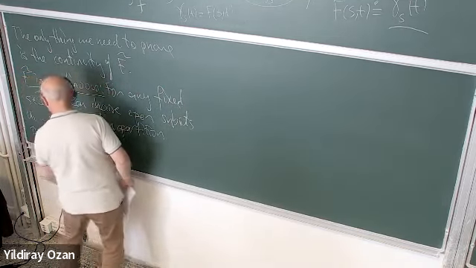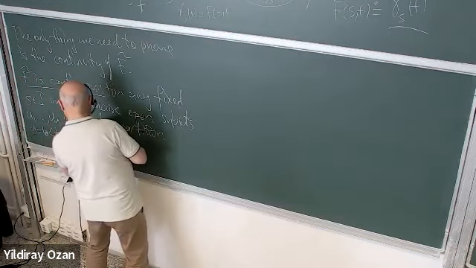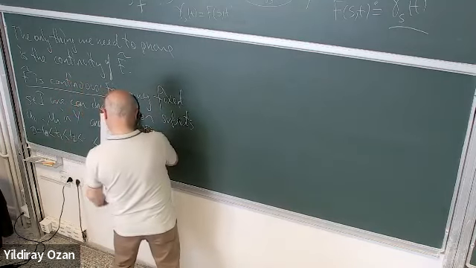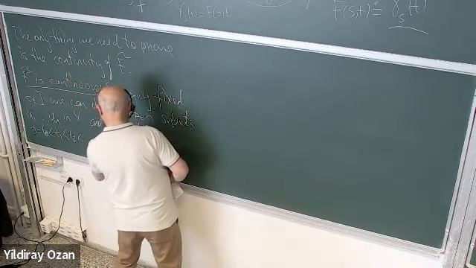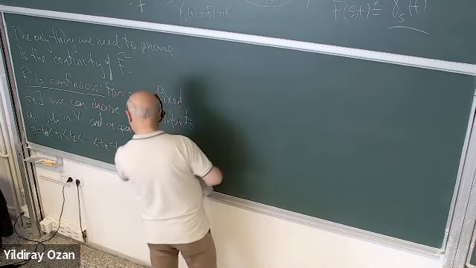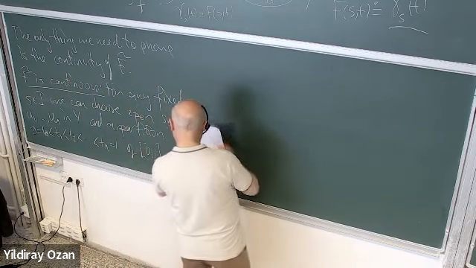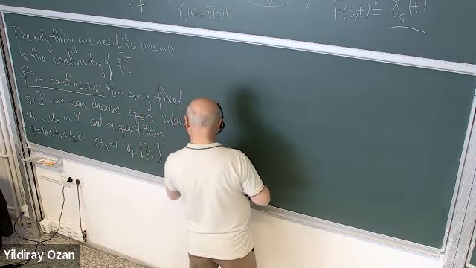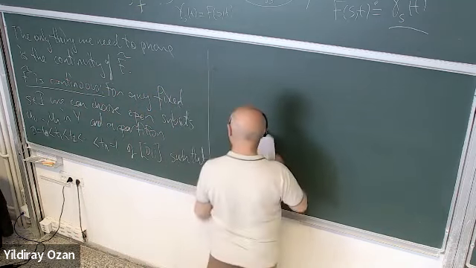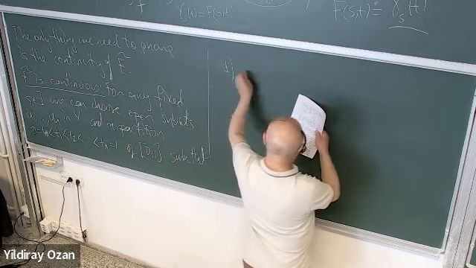So t0 is 0, and then I have t1, t2 up to tn, of this interval [0, 1], such that we have two things.